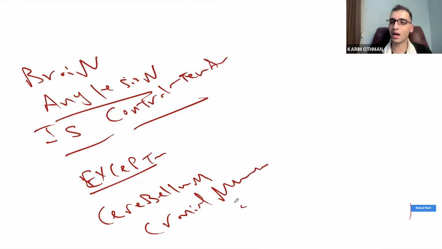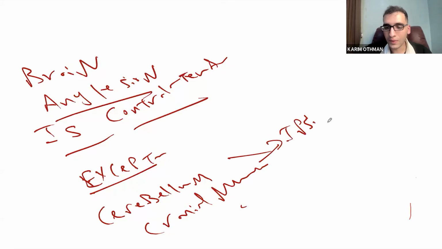These ones are ipsilateral, guys. Okay. So please know this specific rule. Any lesion in the brain will cause a contralateral problem. So if you affect the right middle cerebral artery, you will get a problem on the left arm and face. Okay. The only exception is the cerebellum. The cerebellum is ipsilateral, and also the cranial nerves are ipsilateral.